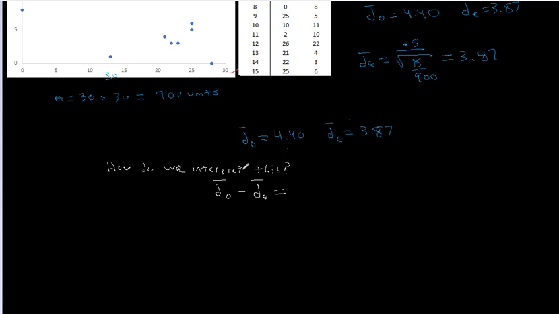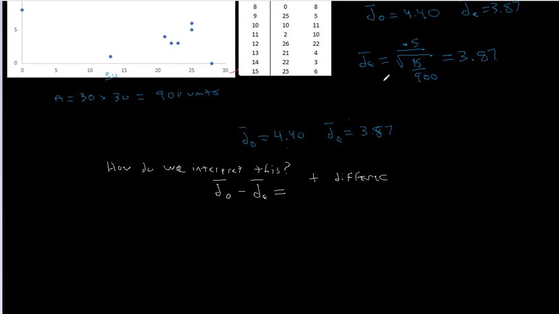Well, if D sub O is larger than D sub E, you're going to get a positive difference, which means that this number was larger than this number.